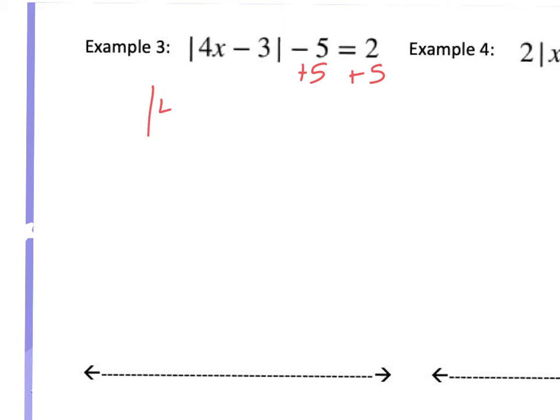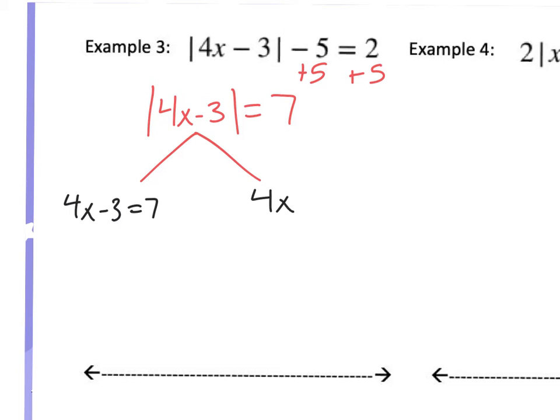You end up with 4x minus 3 equals 7. Time to split. 4x minus 3 equals 7 and -7. Time to solve. X equals 10 over 4, which I know simplifies down to 5 over 2.